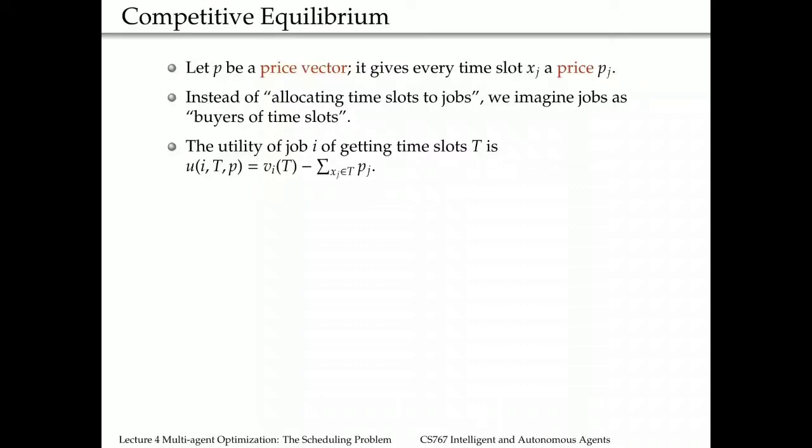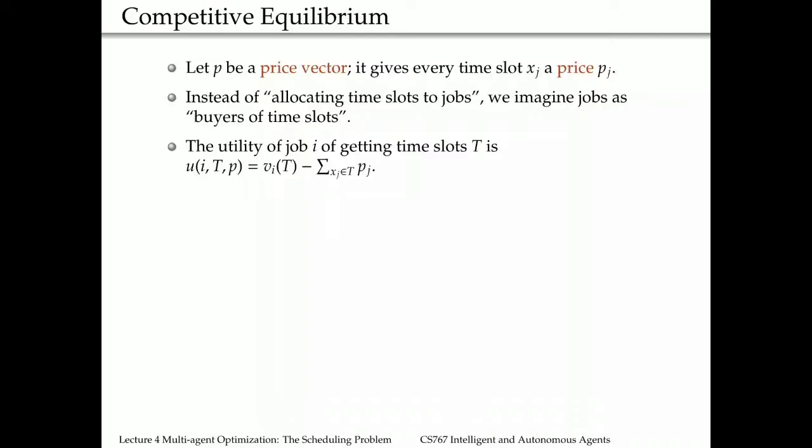Now the setup is very similar to the previous case, where we imagine we have agents who enter this market, but instead of selling items, this market sells time slots to the jobs. The difference from the previous case is that previously every agent could receive at most one item, but in this scenario, the agent can receive multiple time slots, right? So essentially, the bidding is made on bundles of time slots rather than a single time slot.